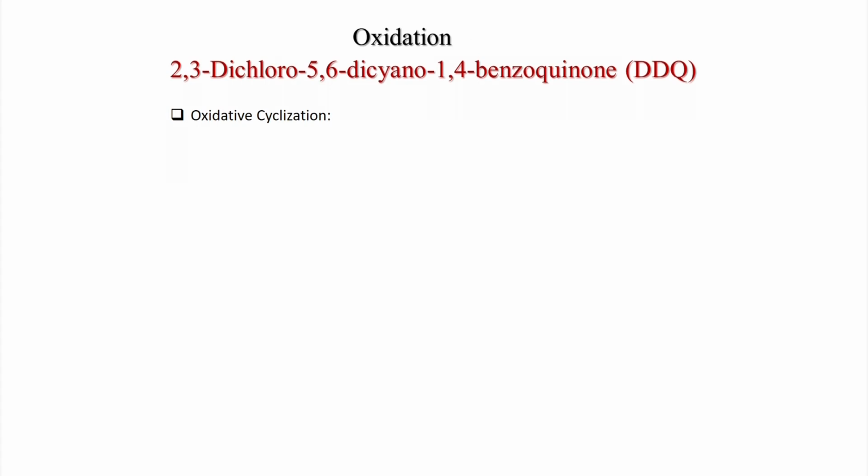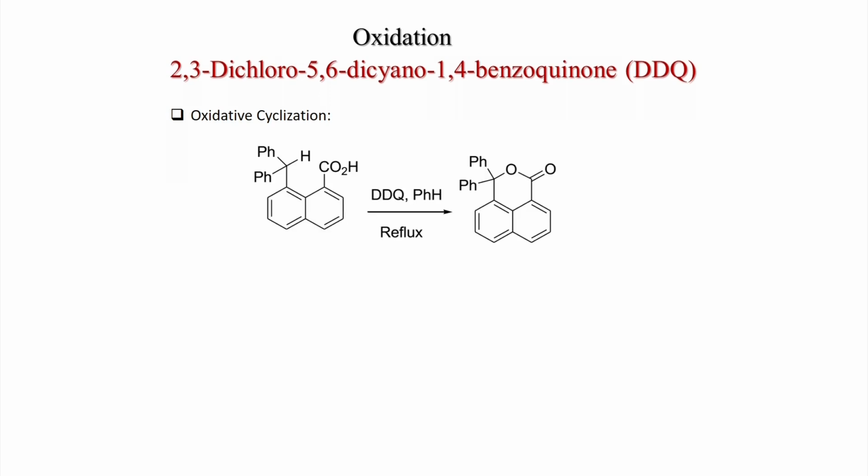Oxidative cyclization. DDQ is also used in oxidative cyclization reactions. If you see this compound, there is a benzyl carbon here, and with DDQ you get the cyclization. So, what is happening? This is a carbocation, that is what we told earlier with ferric ammonium nitrate.